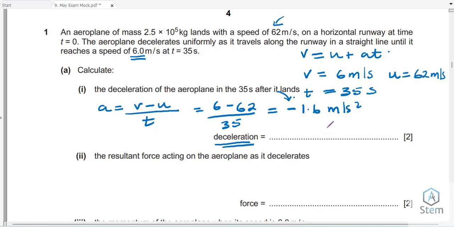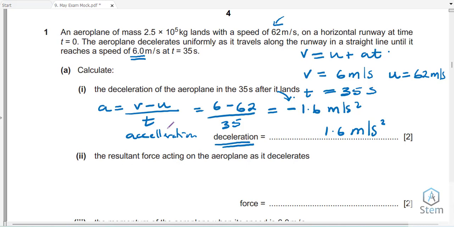So we are going to write 1.6 meters per second squared. The word deceleration is substituting the negative sign. If the question was saying acceleration, we were going to maintain the negative sign.